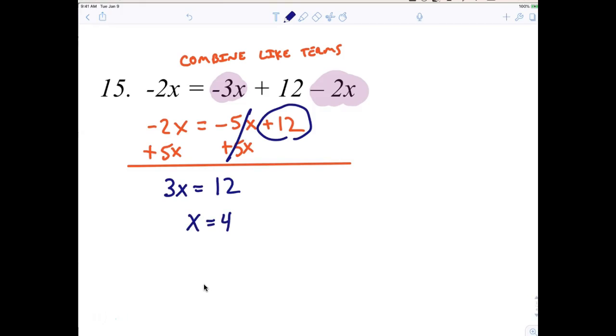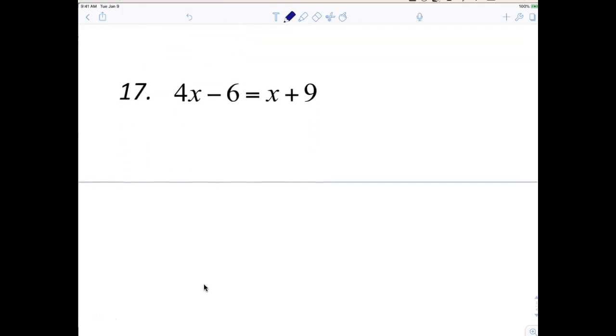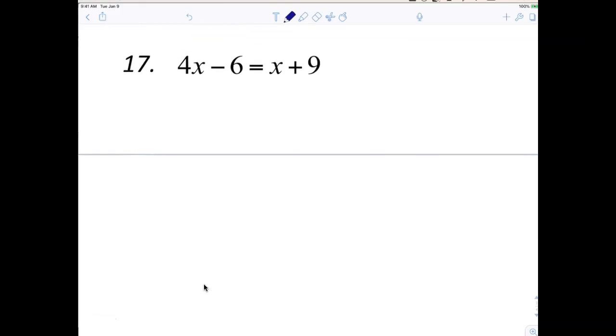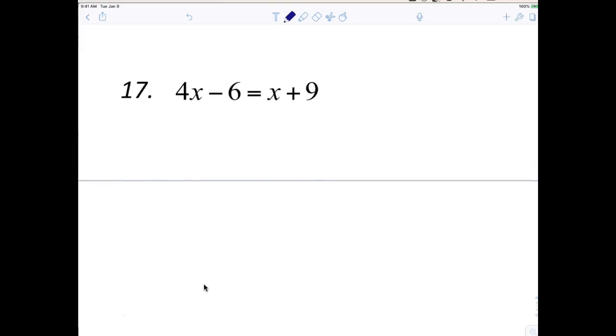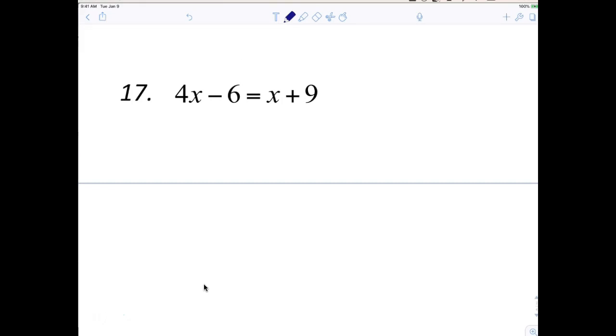All right, good job. Let's talk about 17. What do I do first? Tell me. Yeah, but on this one it's a little different because there's no terms to combine. Plus 6, perfect.